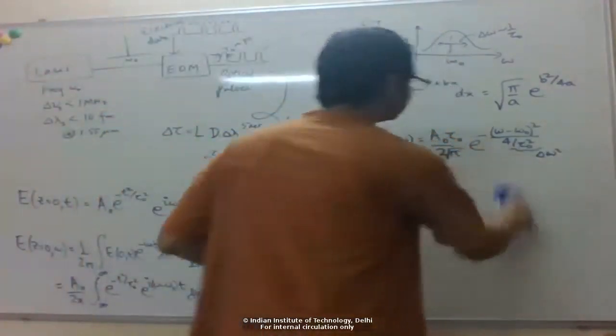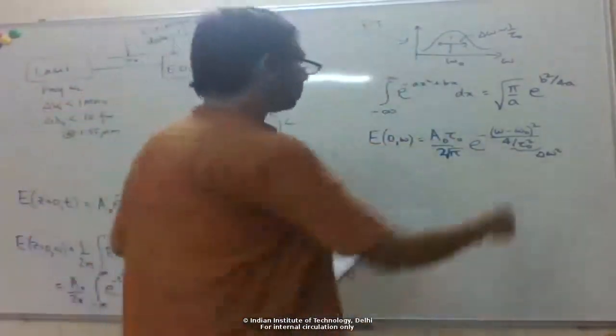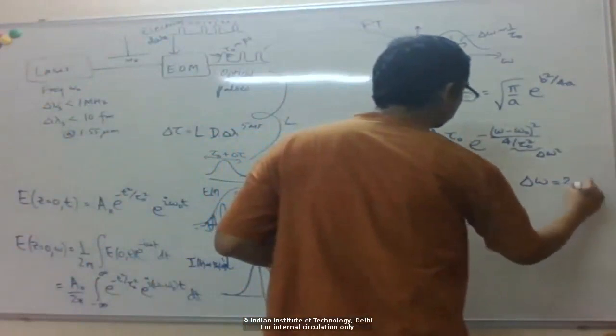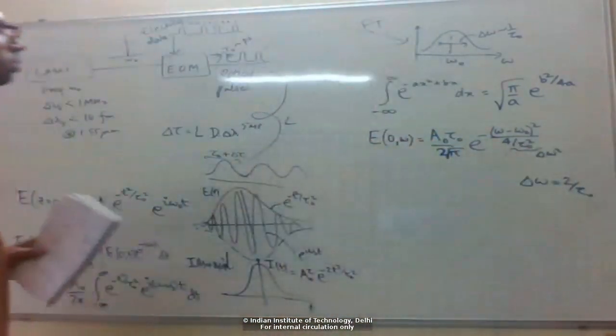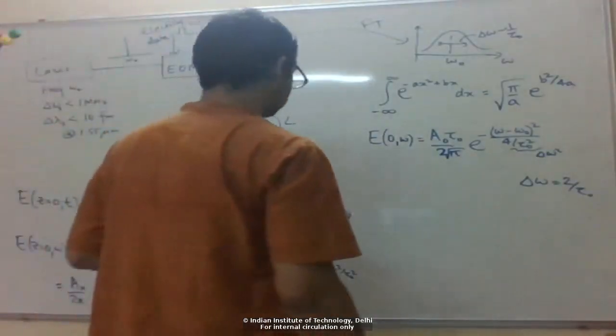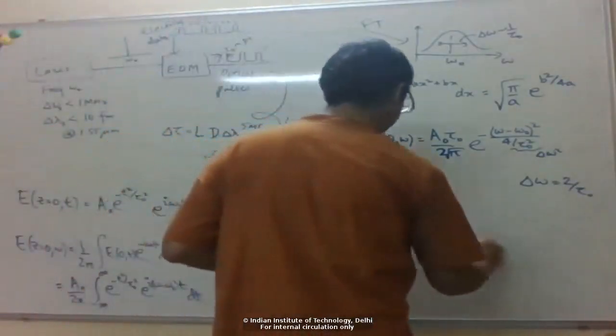you can see that the width in the spectral domain is 2 over tau naught.